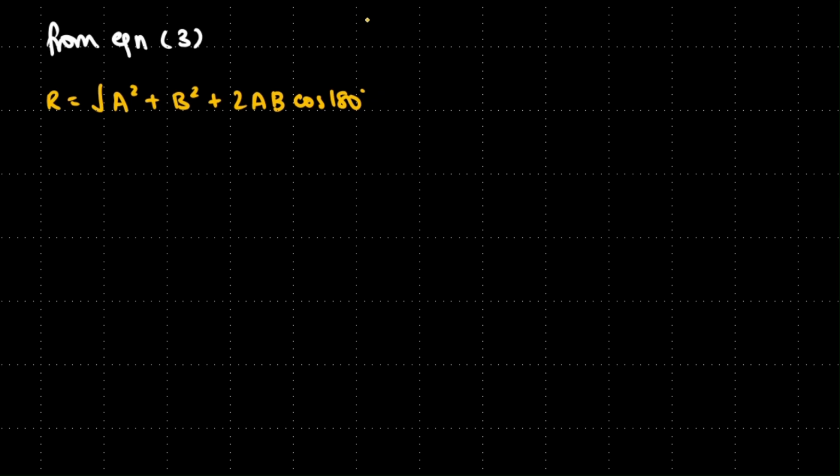Theta is 180 degrees in this case, and cos 180 degrees is actually minus 1. So this will be square root of a square plus b square minus 2ab, which means this is actually the formula for two different cases. So what the cases are might obviously be the question.